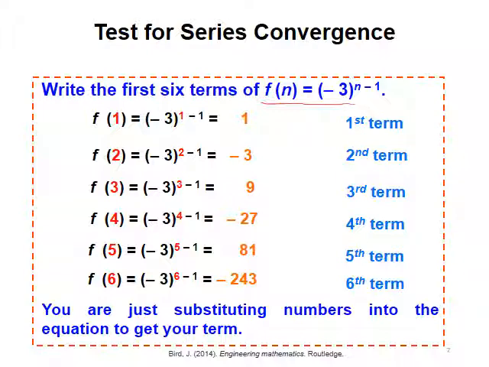So the first 6 means n is 1, 2, 3, 4, 5, 6. You see minus 3 is the same and the minus 1 is the same. The only variable here is n. So n will be 1, 2, 3, 4, 5, 6. You need to do the math.